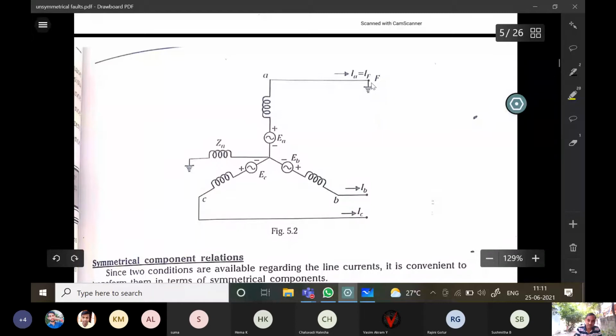Here we need to draw a load impedance, which is called ZF, after which it will be grounded. Take the diagram; the only change from the previous circuit is to draw ZF here, and current IA is flowing here.